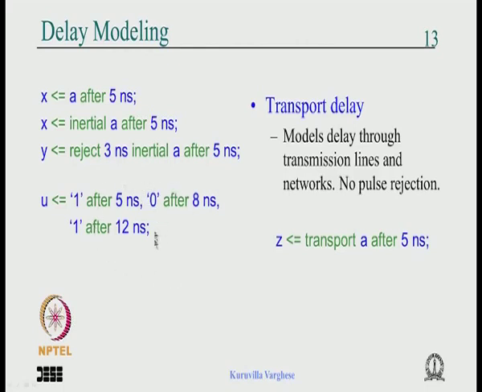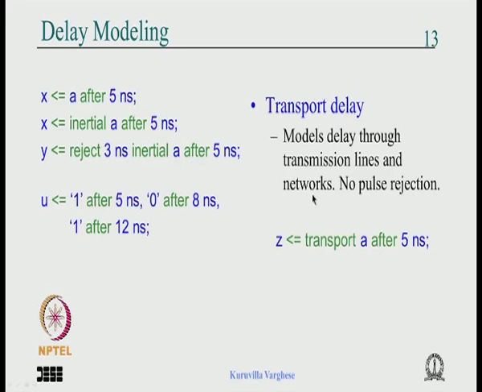So this is very useful in creating waveforms when you do delay modeling. Especially it is useful in applying some input waveform in the test bench, because in a test bench we give input to the various inputs of the entity and check the output. Okay, so this is quite a useful syntax.